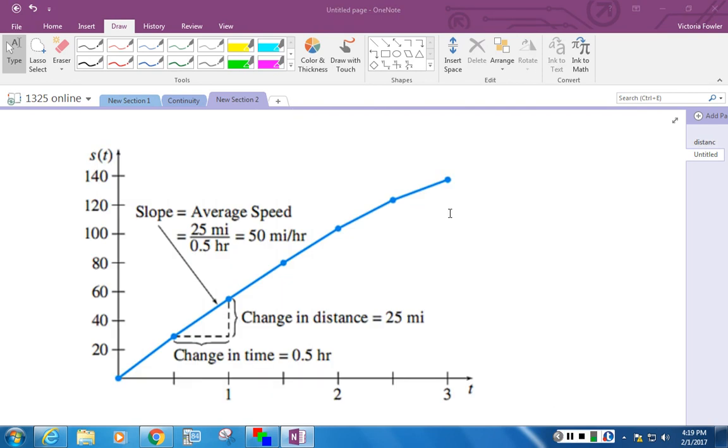Okay, well, let's put that back into context, because we were just working with a function. We didn't know what it was modeling, or if anything. But let's go back to the discussion about speed. And so this is just a plot, I'm sorry, I should have said that it's giving us a plot of time versus the distance.